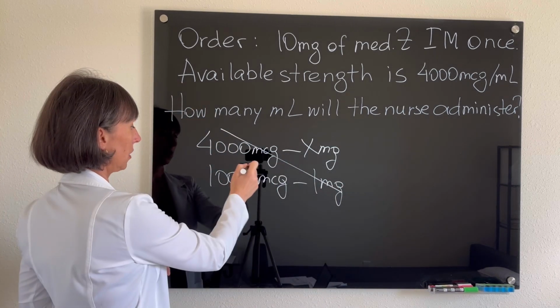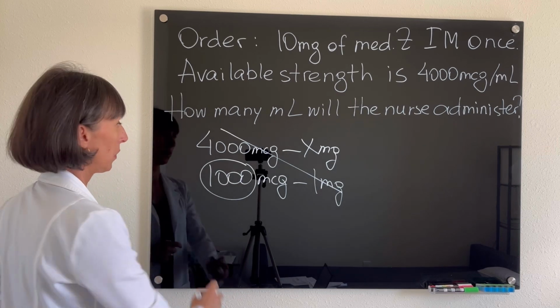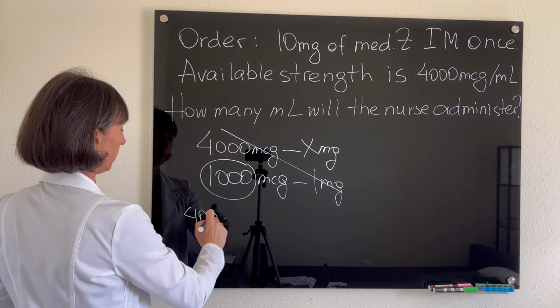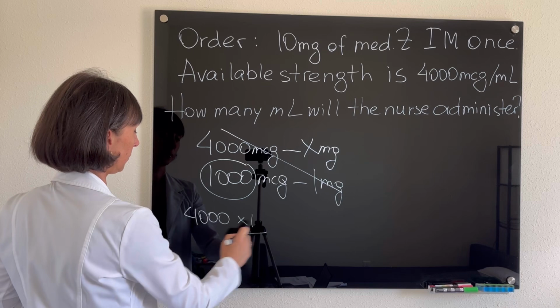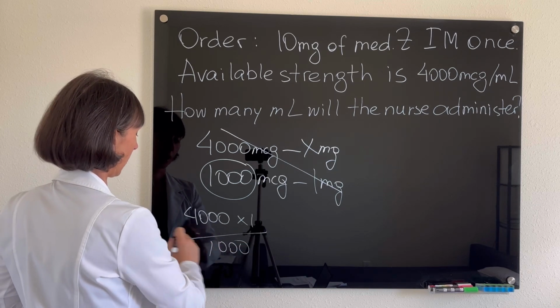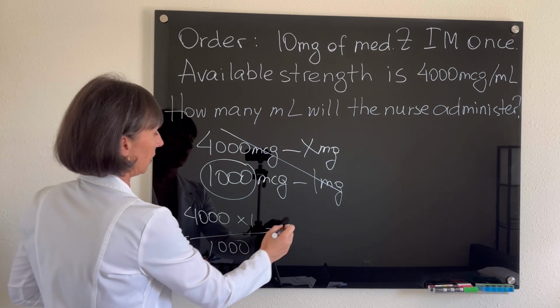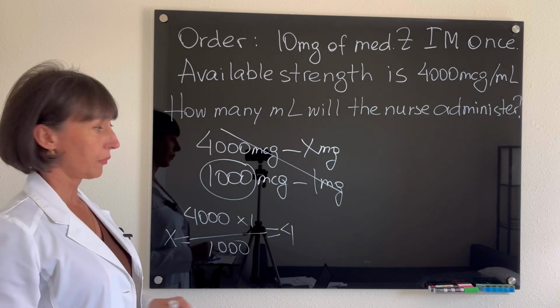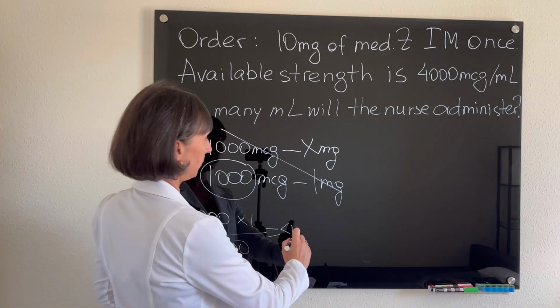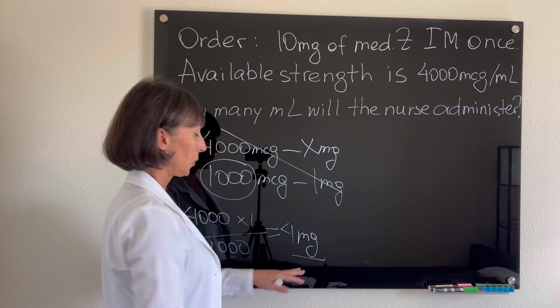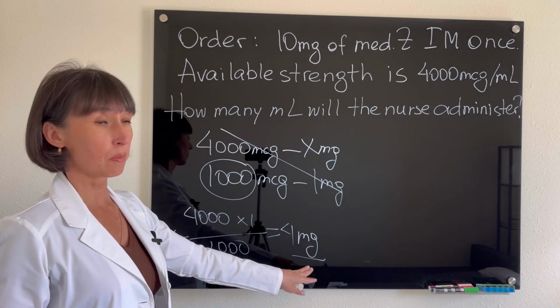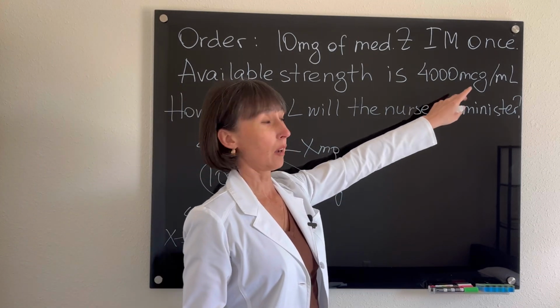Multiply on diagonal, divide by the third number. And we get 4. So 4 milligrams is what we have available per milliliter, right? 4 milligrams per milliliter.